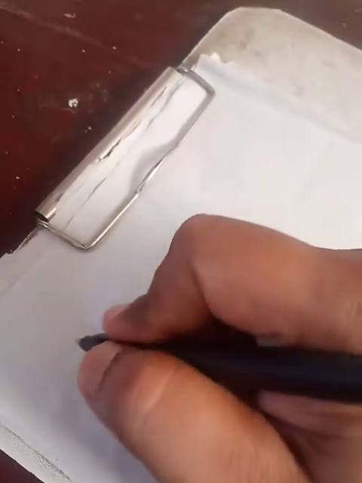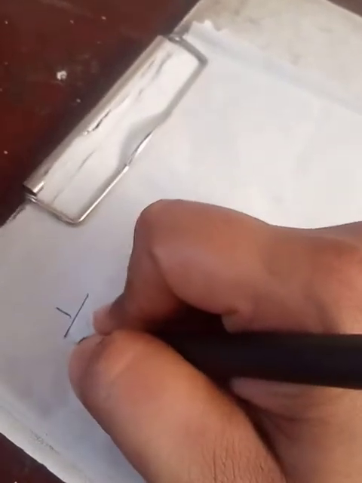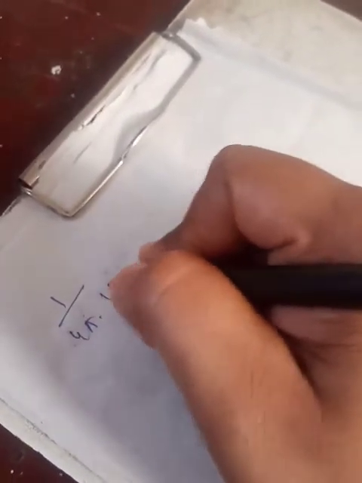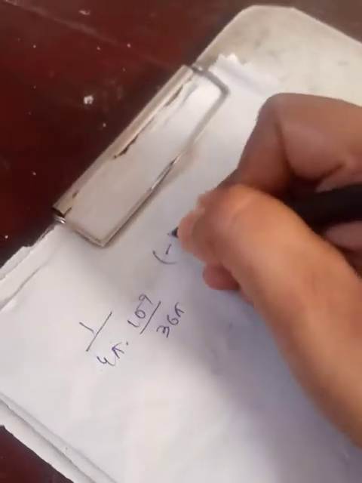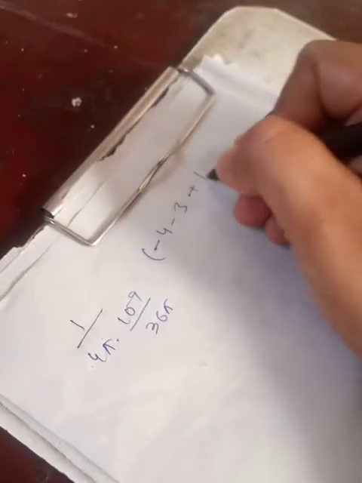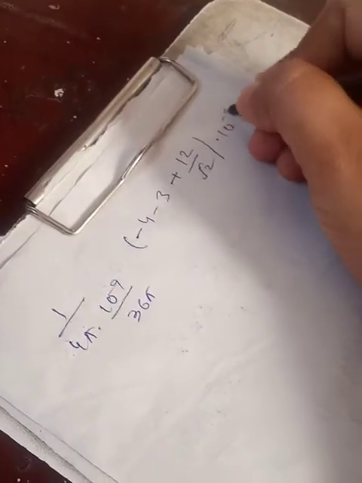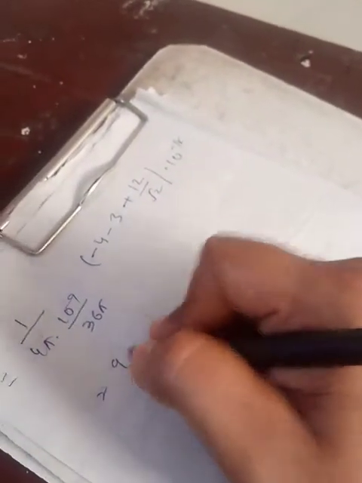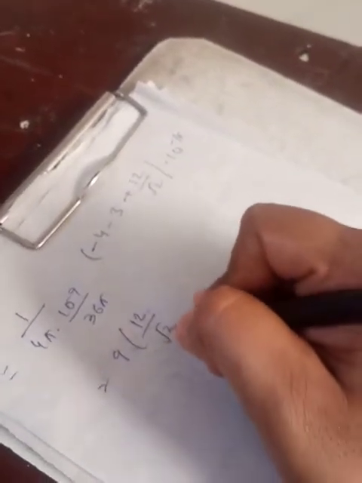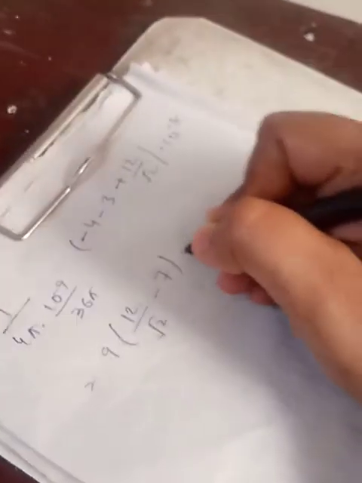Okay, so if you go further, it can be written 1 upon 4 pi into 10 raised to power minus 9 over 36 pi, minus 4 minus 3 plus 12 by root 2, into 10 raised to power minus 18, and it will become 12 by root 2 minus 7 nanojoule.